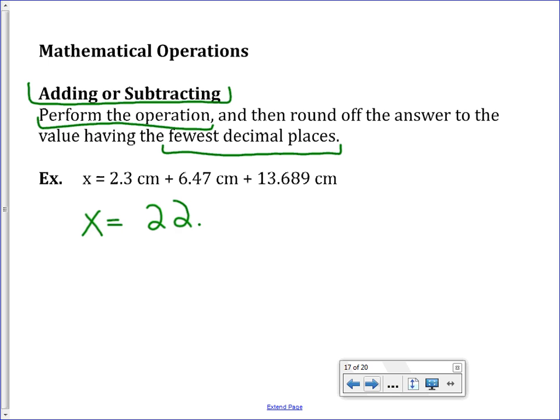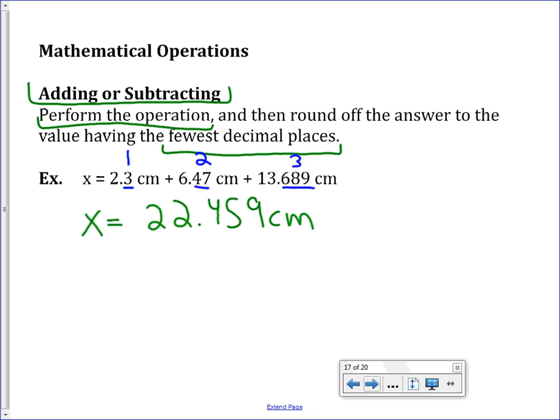We will get the number 22.459 centimeters. To determine the number of significant figures that we are supposed to have in our answer, we have to go back and look at the numbers that we used in our calculation and determine the number of decimal places in each number. In 13.689, we have 3 decimal places. In 6.47, we have 2 decimal places.